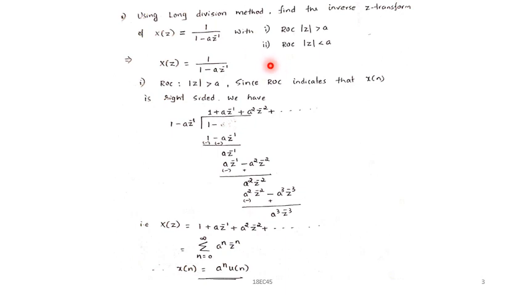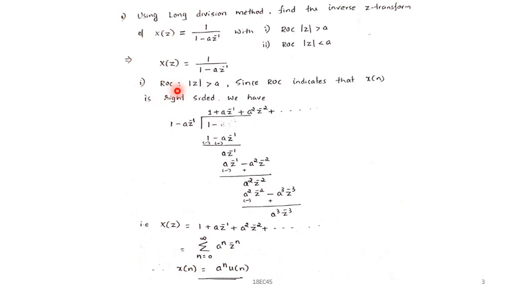If it is mod z greater than a, you will get the answer a to the power n into u of n, a right sided signal. If it is less than a, you will get a left sided sequence, that is minus a to the power n u of minus n minus 1. But we will solve this problem using the long division method, expressing X(z) in terms of positive and negative powers of z.